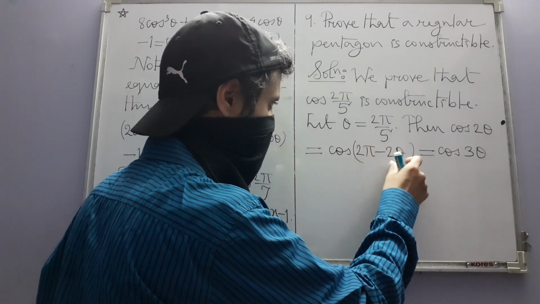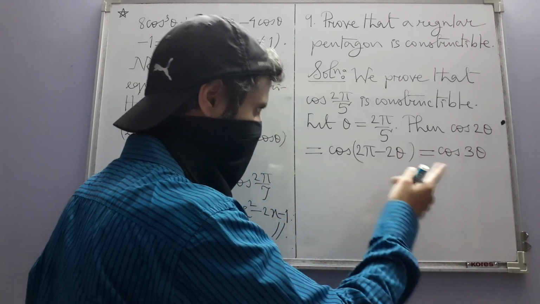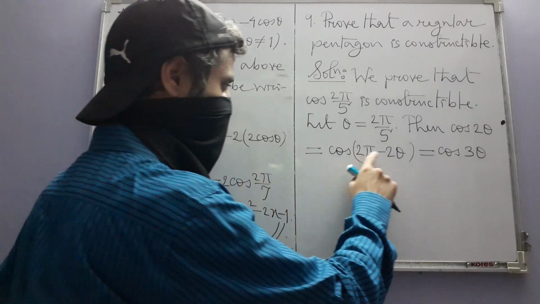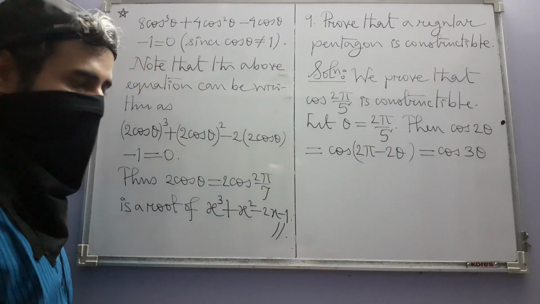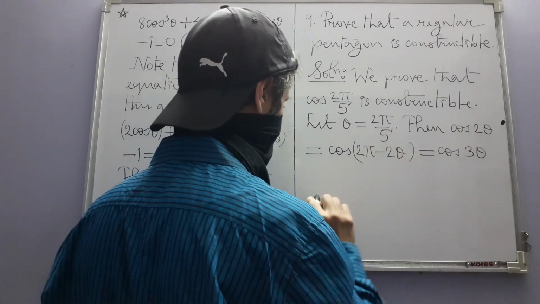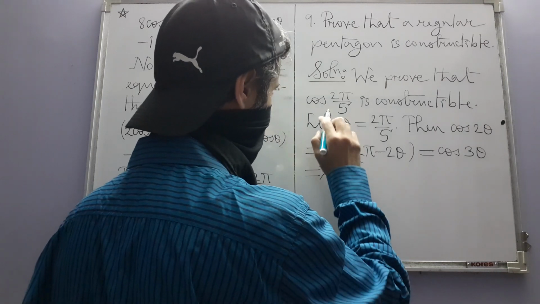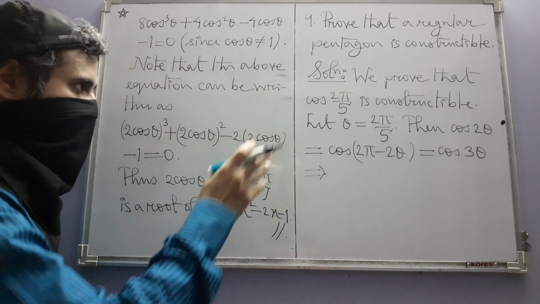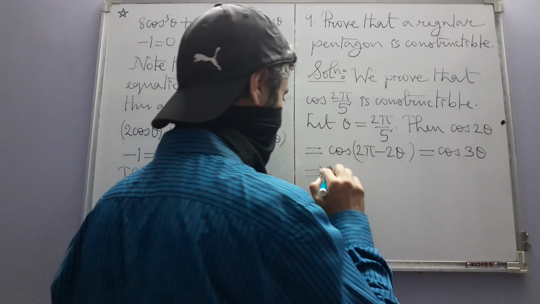So 2 pi minus 2 theta should be equal to 3 theta. Since 2 pi minus 2 theta is 3 theta, we have applied cosine to both sides, and that's how we have got this. And now let's use the trigonometric identities. Here we do not have that problem of 4 theta. The angles are only double angle and triple angle.